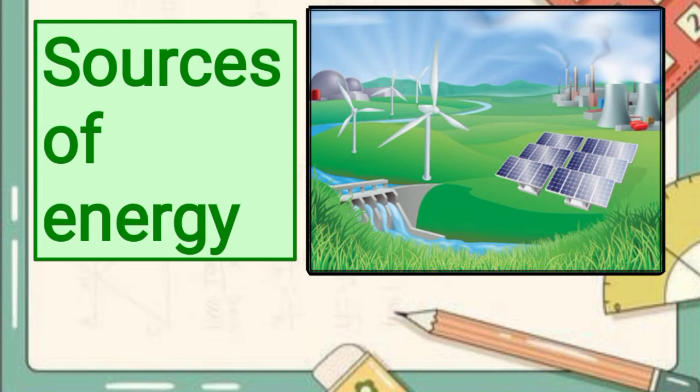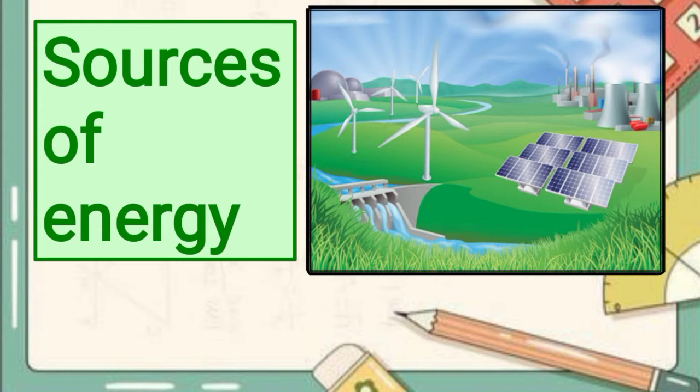The energy that we get from the sun is called solar energy, and it is in the form of heat and light. We also depend on plants for this process.